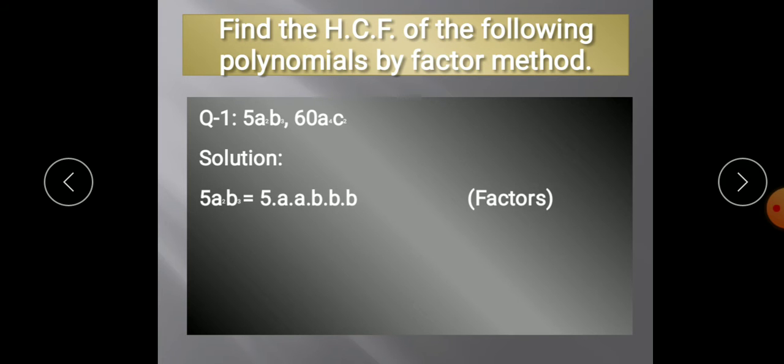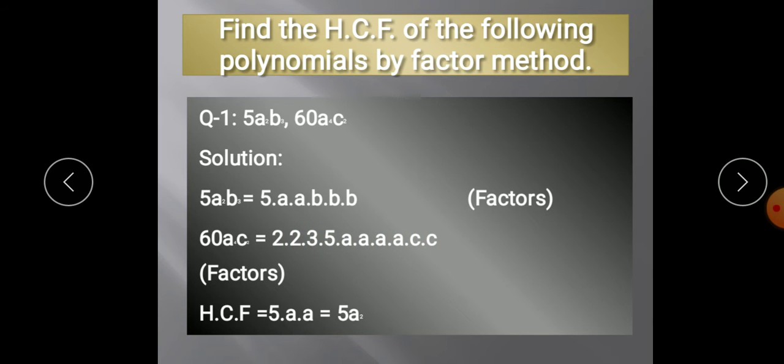In the solution, first of all we will find the factors of 5a square b cube. I have written down its factors, and then the second term is 60a4c square. I have written down here the factors of these terms.